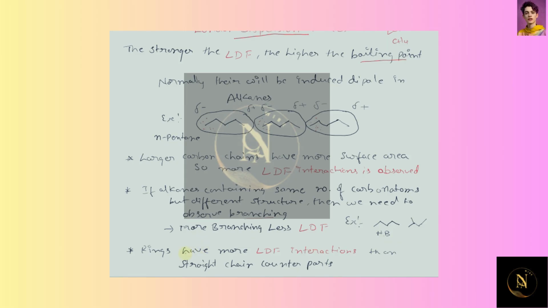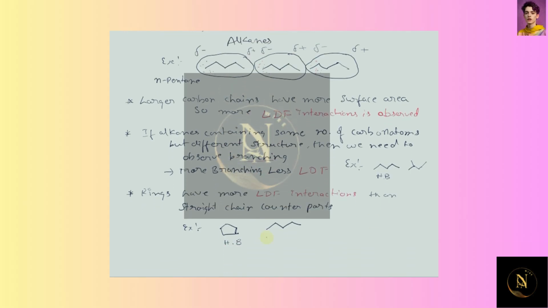Okay, the last point is that rings have more London dispersion force of interaction than their straight chain counterparts. So for example, you can take cyclopentane and normal pentane. Normally cyclopentane has higher London dispersion force compared to n-pentane.